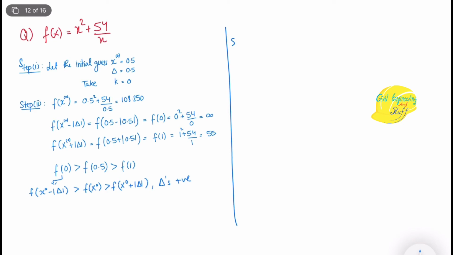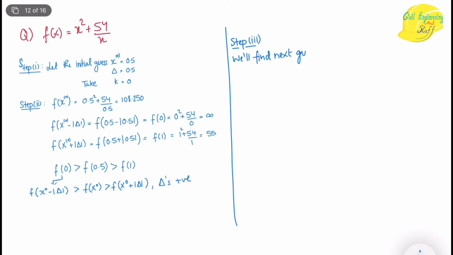Step 3 says that we will find the next guess value, and that is found using the formula x(k+1) = x(k) + 2^k × delta.